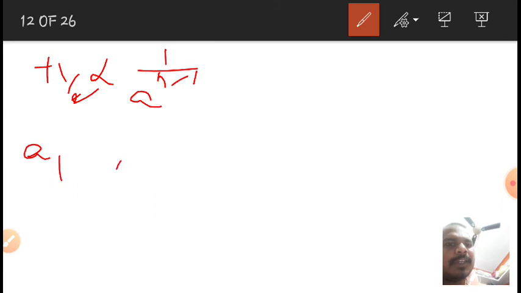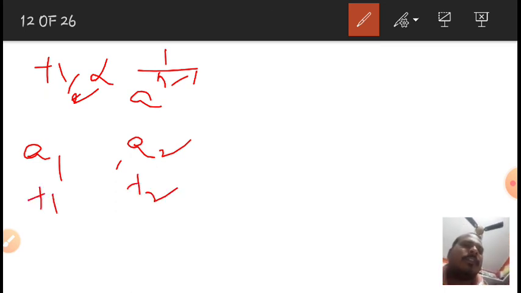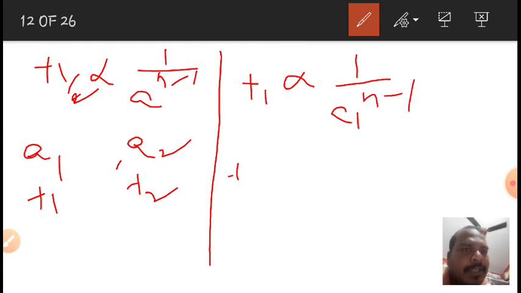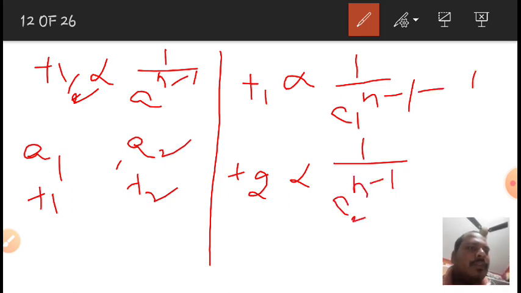If A1 and A2 are initial concentrations of a reactant in two different experiments, and T1 and T2 are their respective half-lives, then T1 is inversely proportional to A1 to the power of n minus 1, and T2 is inversely proportional to A2 to the power of n minus 1. So it is equation 1 and equation 2.